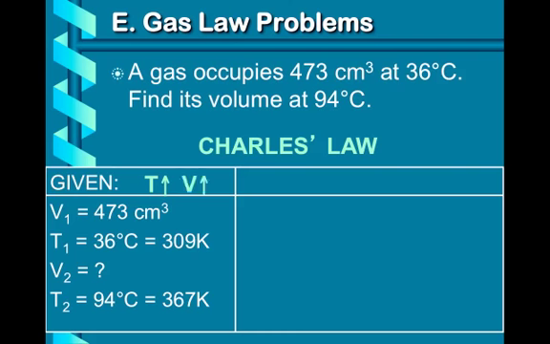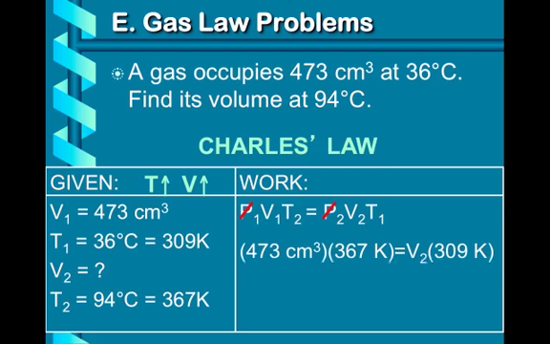So let's plug this into our formula. We are not working with pressure, so we can ignore pressure. So our formula is V1T2 equals V2T1. We simply plug these numbers into our formula that we get from our given box: 473 cubic centimeters times 376 Kelvin divided by 309 Kelvin.